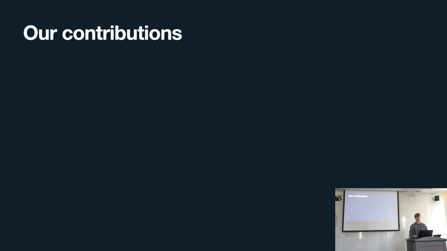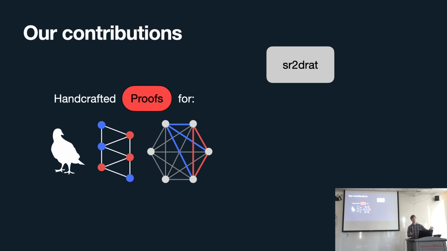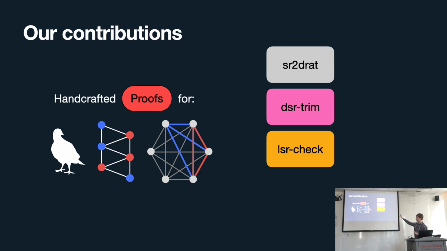So our contributions in this work, we have handcrafted proofs for these three example problems that I've shown. We produced a tool called SR to DRAT, where if you have an SR proof but you don't trust the SR proof checking system, you can translate SR proofs into DRAT and use your DRAT checking infrastructure. But we also have SR proof checking tools.